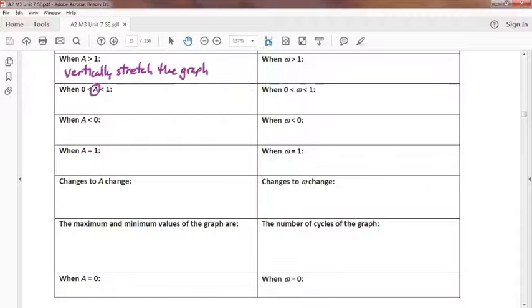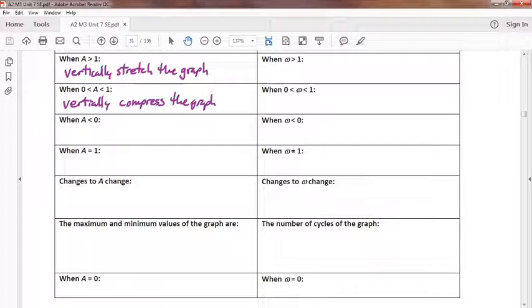If A was between 0 and 1, meaning that it was a fraction that's less than 1, then it would vertically, yeah, you can say shrink, I like that. Shrink or compress, whatever means making smaller the graph.